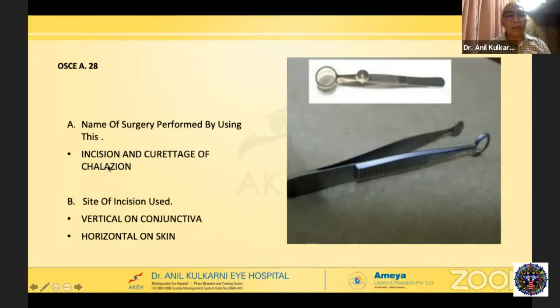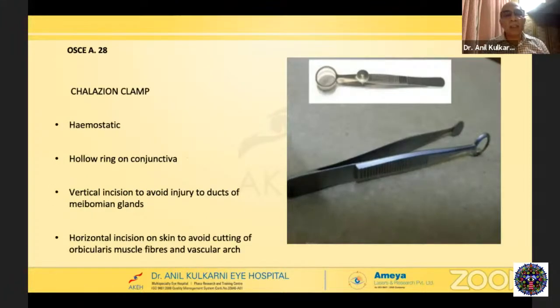Never use the word excision, it is incision and curettage. The site of the incision is vertical on the conjunctiva and horizontal on the skin. Vertical to avoid cutting of the meibomian gland ducts. Horizontal on skin to avoid cutting of the orbicularis oculi muscle as well as skin.